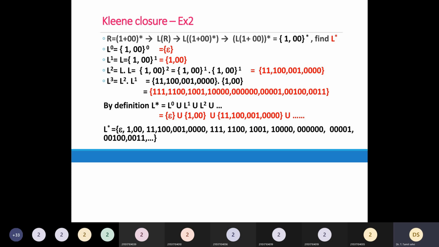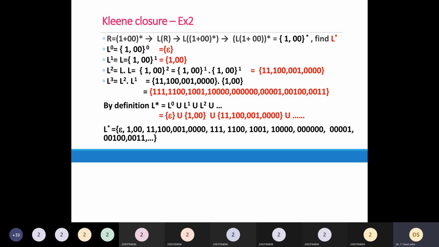So L of R is the regular language. So here instead of R, we are using 1 plus 0 whole star. So this is equivalent to L of 1 plus 0 whole star. Okay, finally within the braces you have to write 1 comma 0 whole star. Here you need to find L star. So first you have to write L power 0.